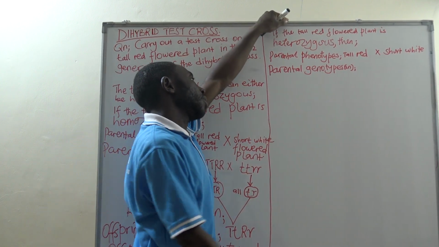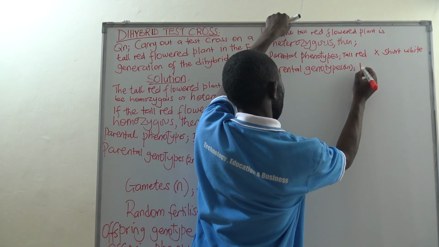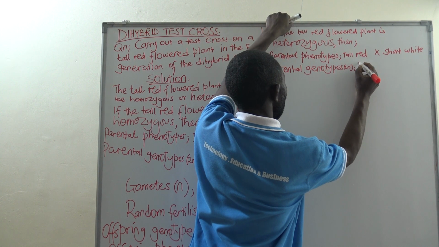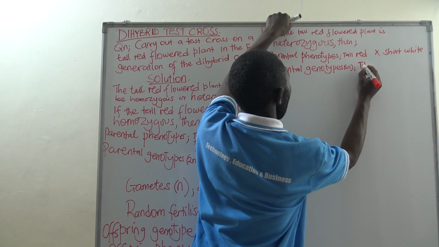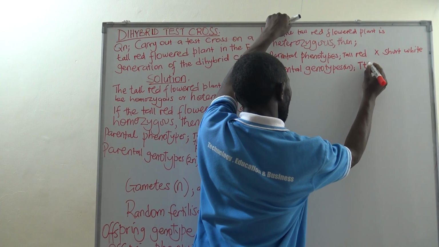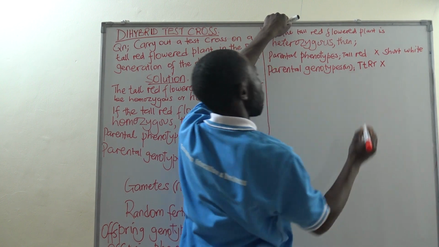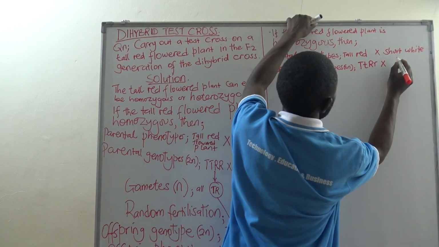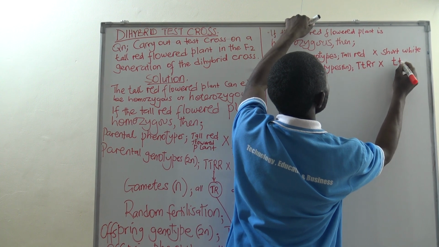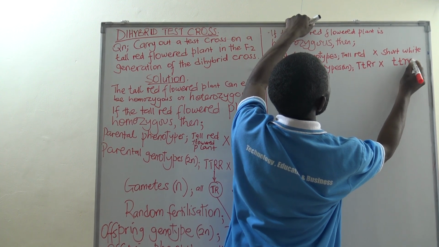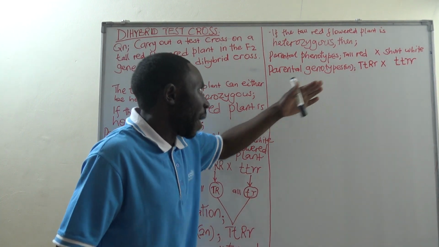This parent is heterozygous, bearing a dominant gene capital T with a recessive gene small t, then dominant R and recessive r. We are crossing it with the homozygous recessive, small t t, small r r.